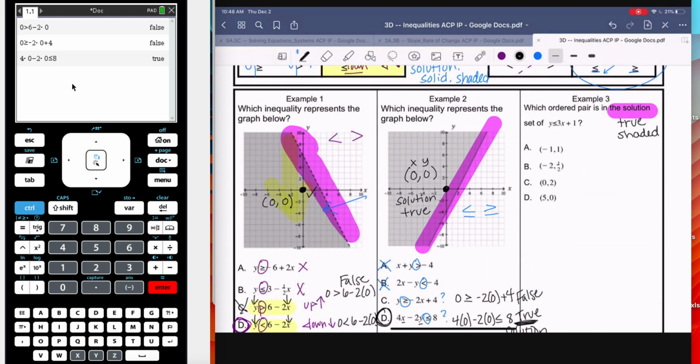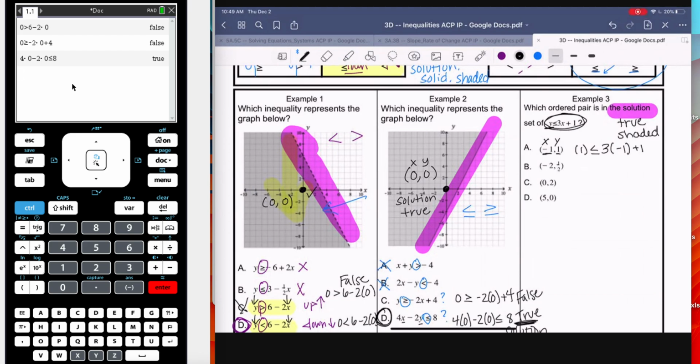One way I could try this question is to replace my solution in the inequality to see if it's true or false. Instead of y, I'm going to write 1, because that's my y value, is less than or equal to 3 times x plus 1. And I'm going to try that in the calculator and see if it gives me true or false.